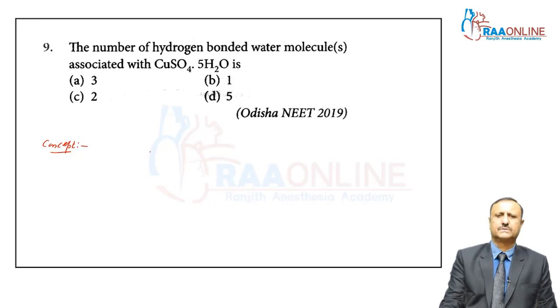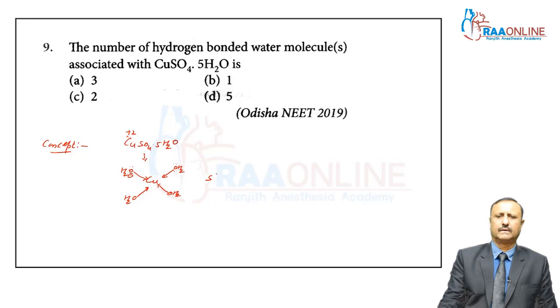In CuSO4·5H2O, copper is present in the +2 form. So when you see the structural formula, in these water molecules the lone pair electrons of oxygen are donated to form a coordinate bond. So my dear students, you can see 4 water molecules form coordinate bonds.